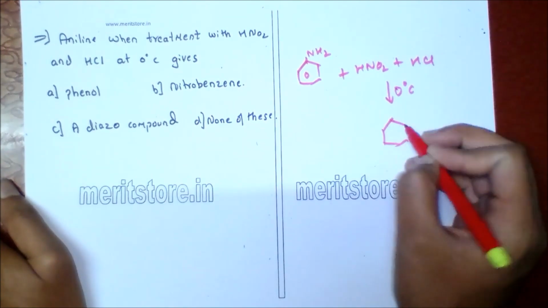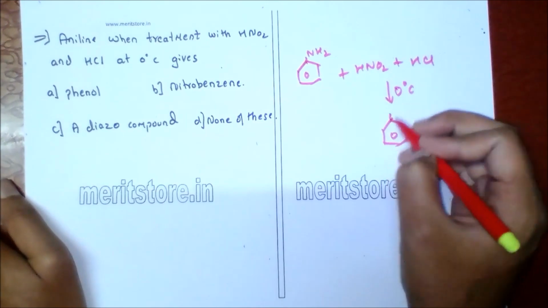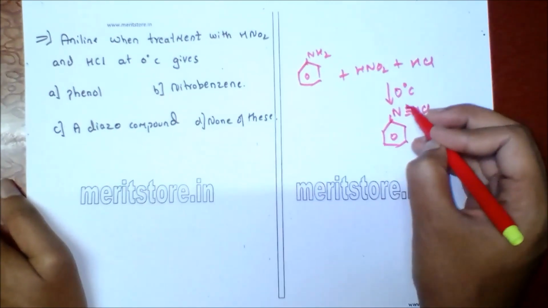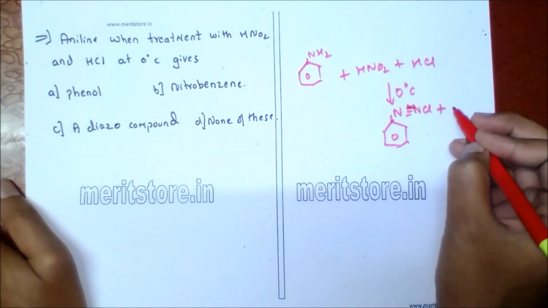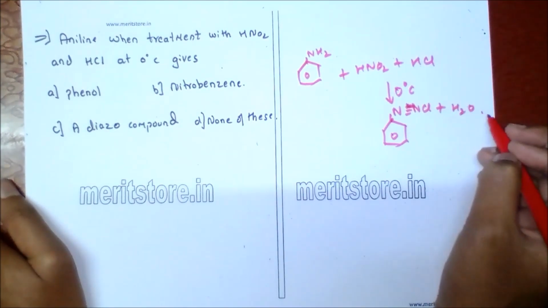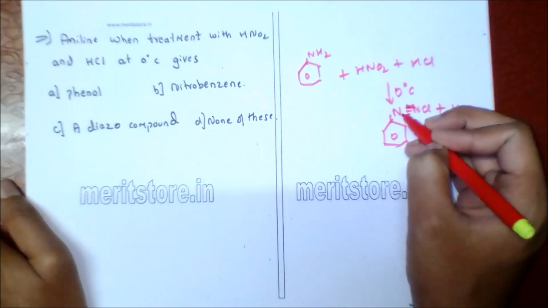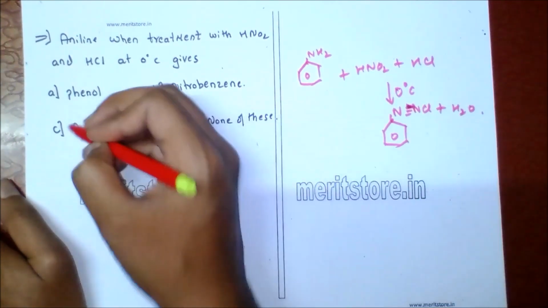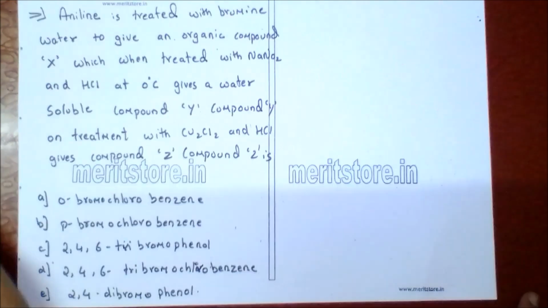The structure of benzene diazonium chloride is benzene attached to N triple bond NCl, plus H2O. So benzene attached to nitrogen, double bond NCl. So option C is the correct answer.